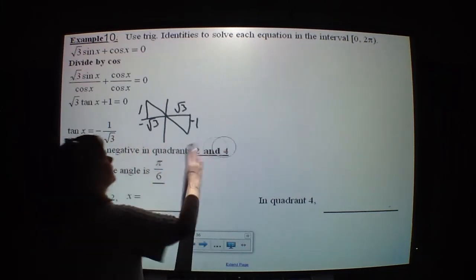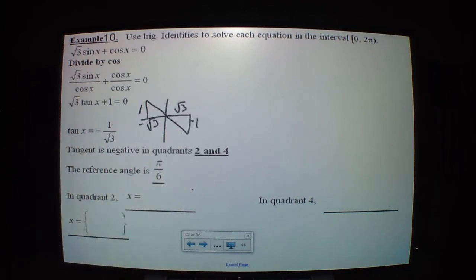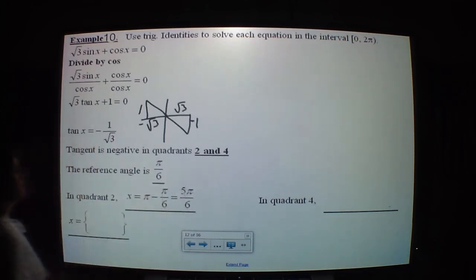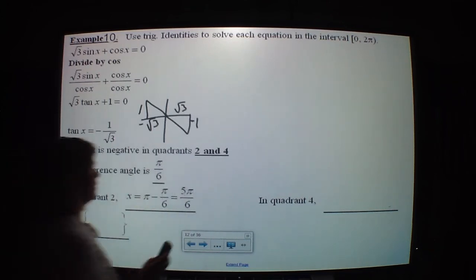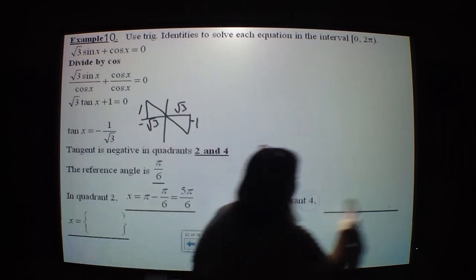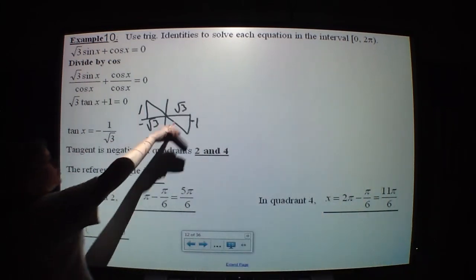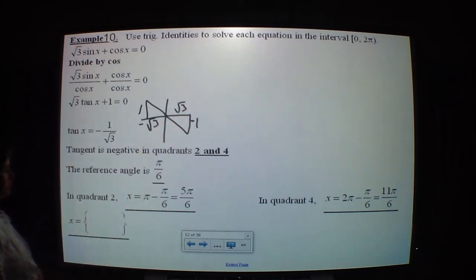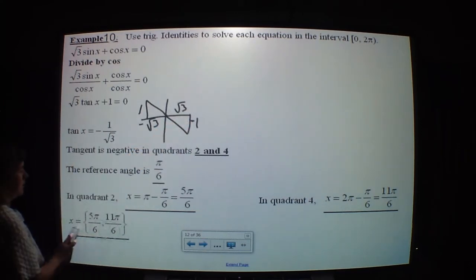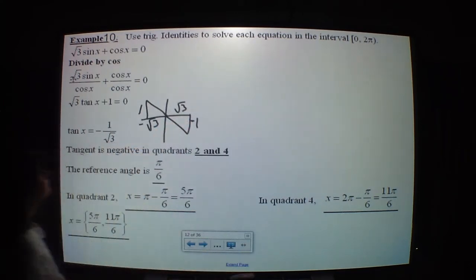So quadrants 2 and 4, pi over 6. So in quadrant number 2, it's 5 pi over 6. In quadrant 4, it's 11 pi over 6, because 12 sixths minus a sixth is 11 sixths. 2 answers.